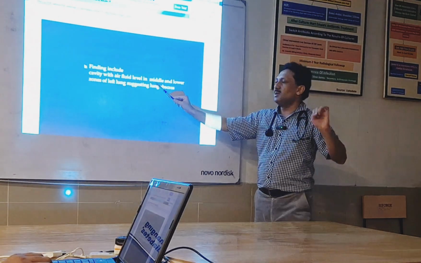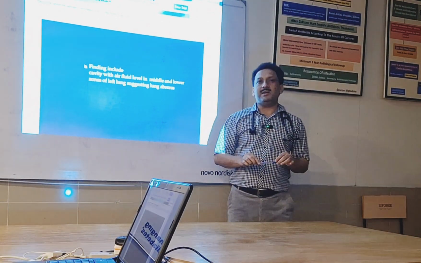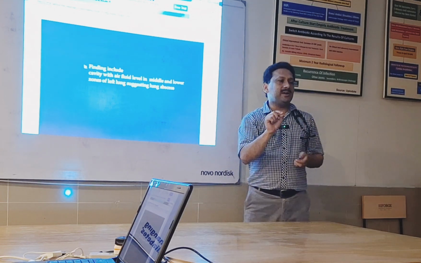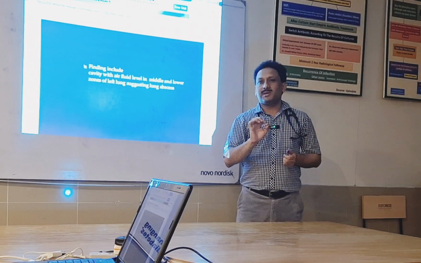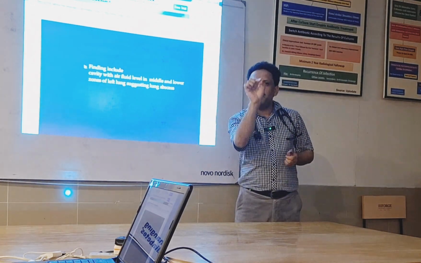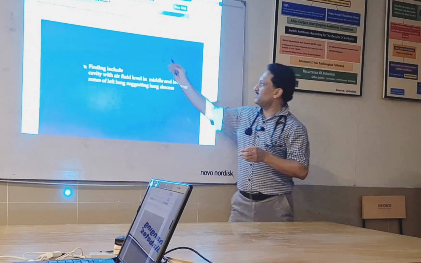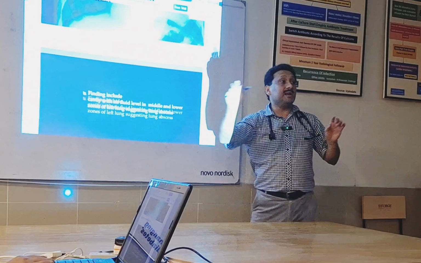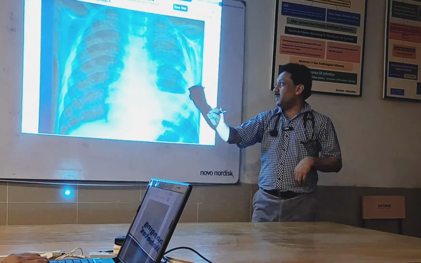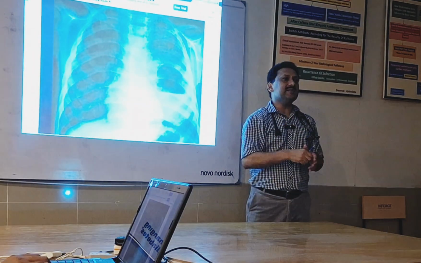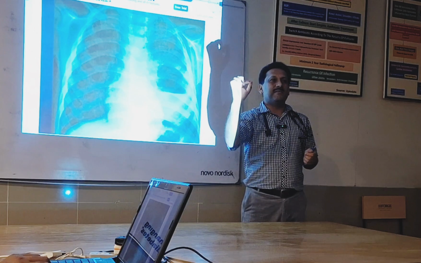Stop here. What is the definition of cavity? For a cavity, at least 70% of its wall should be there. So even if it's not 100%, at least 70% wall should be there, right? Second, it should be thicker, 5 mm or more.